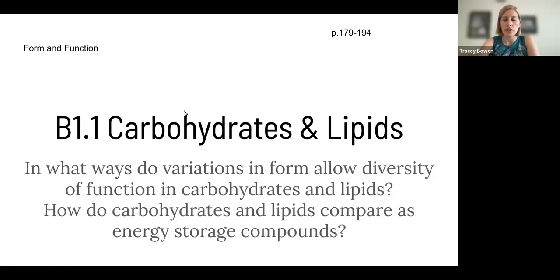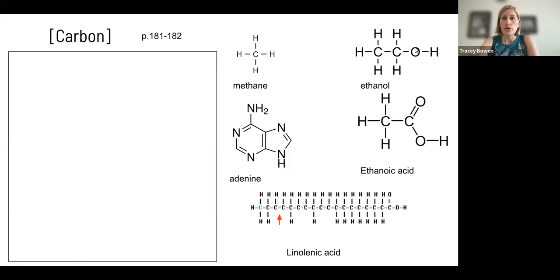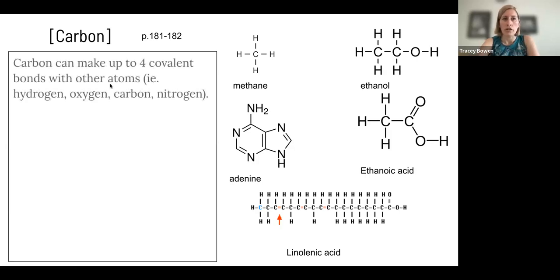form and function. So looking at the structural aspects of both carbohydrates and lipids and what their jobs are due to those structures. So carbon is the building block for carbohydrates, and carbon is the 14th most common element on Earth, but without it, life would not exist at all on Earth.